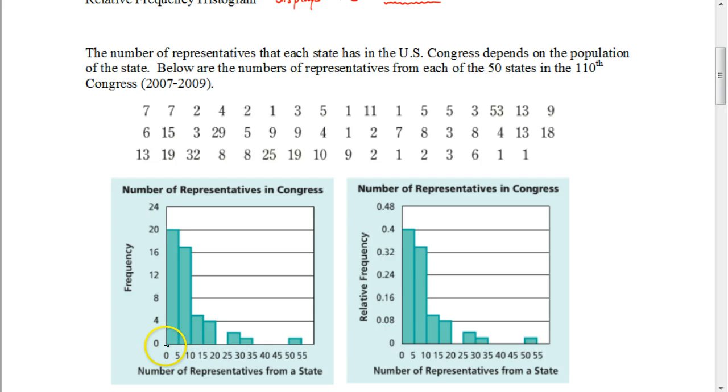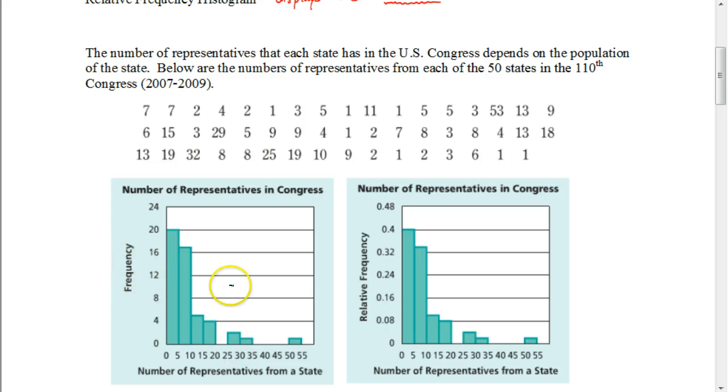So here between 0 and 5, there's a total of 20 states that have 0 to 5 representatives. The number of states that have 5 to 10 representatives is a little over 16, so maybe 17 states, and so on. So that's how we would read our graph.